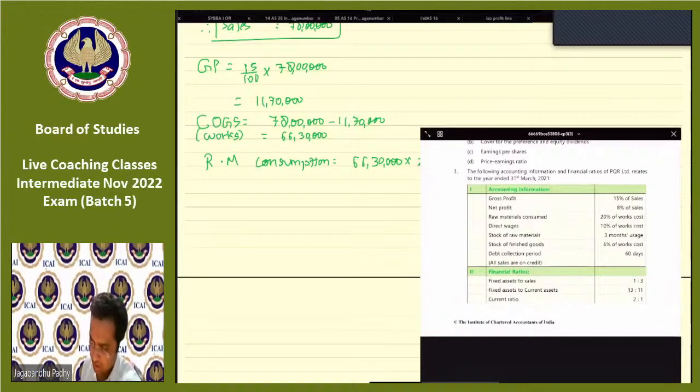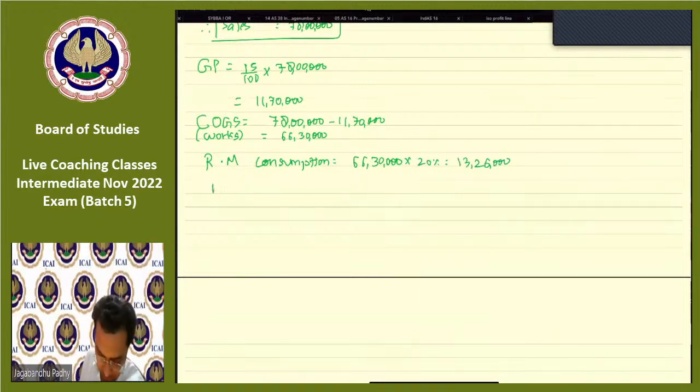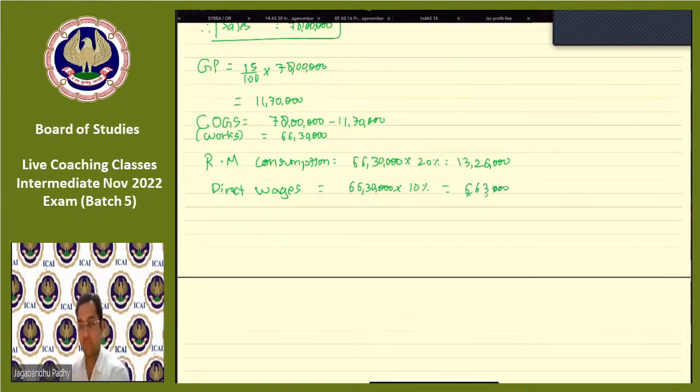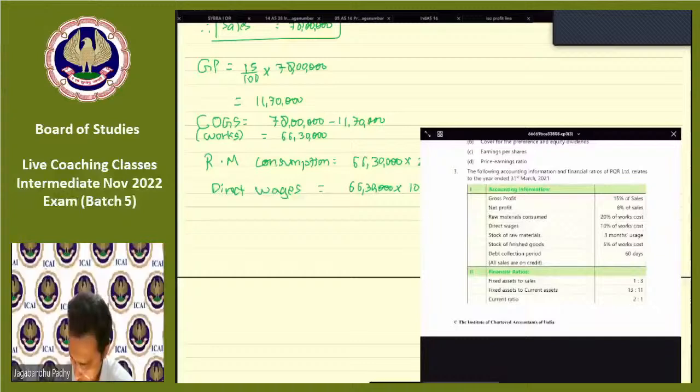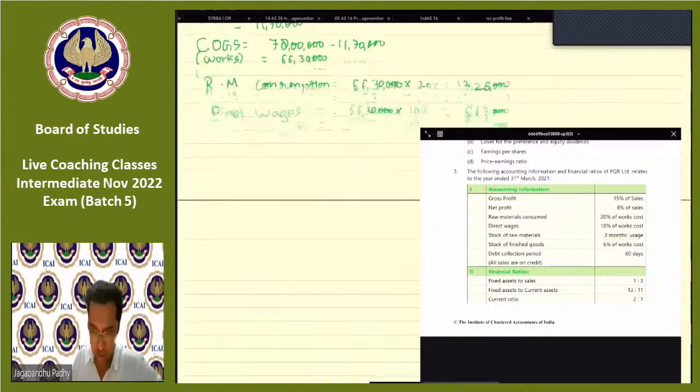Also, direct wages information is 10% of works cost. Direct wages is 66 lakh 30,000 into 10%, which is 6 lakh 63,000. So this information is required, labor and raw material, for the preparation of our P&L statement. Okay, fine. Next ratio that we have is stock of raw material is 3 months usage.